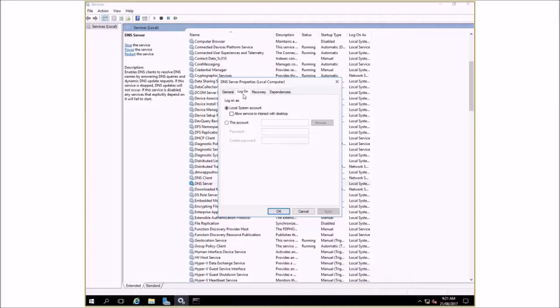This particular service is getting the permissions of the local system account, which represents the operating system. That's pretty high level power as far as services go. So this service can access parts of the file system and the operating system because of that access level.